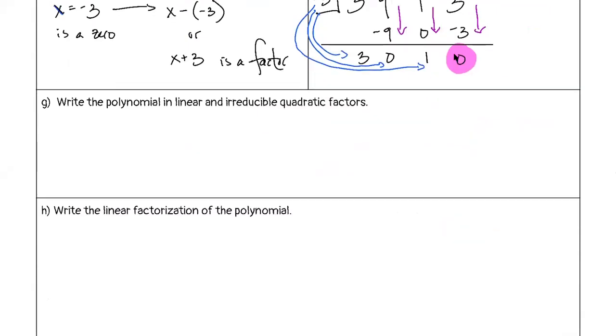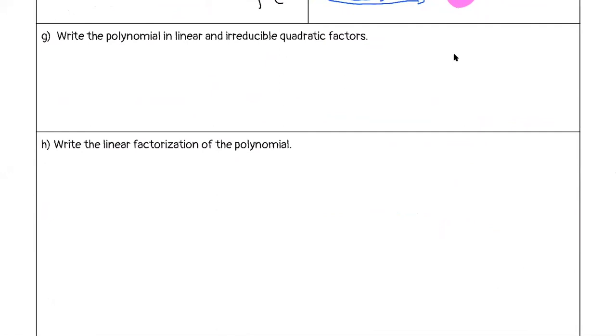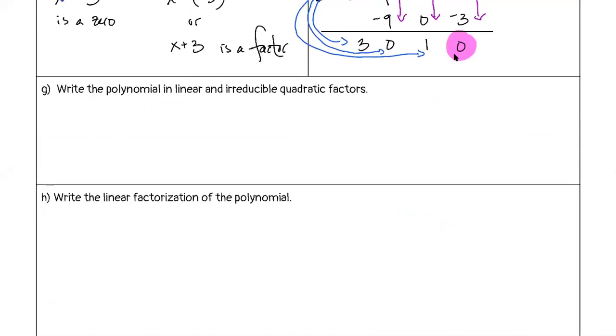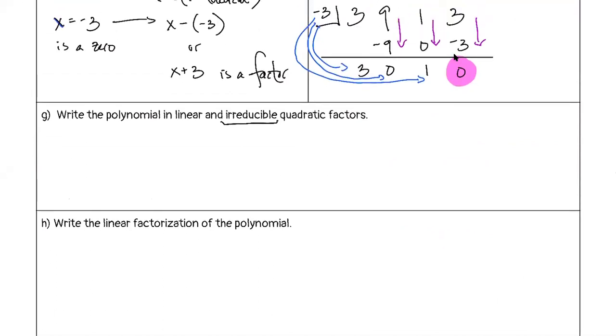So now we're going to finish this problem by writing the polynomial in its linear factors, and we're at this point where we can introduce a new vocabulary term. Since I know that my remainder is 0, I can write my polynomial as f of x equals x plus 3. That's my factor. What's the other factor that I found?